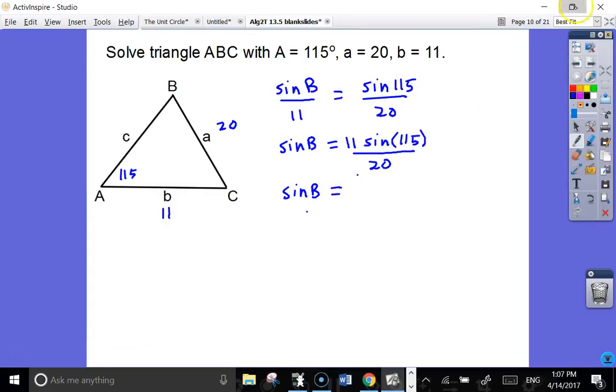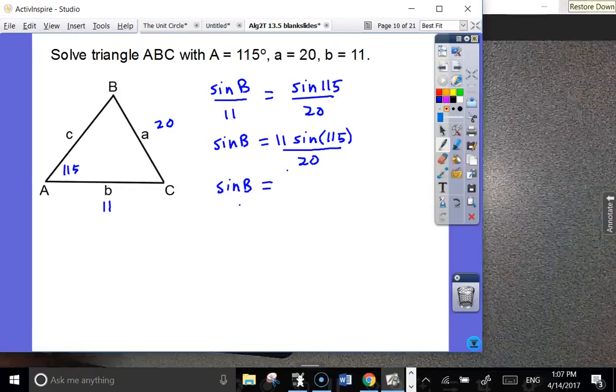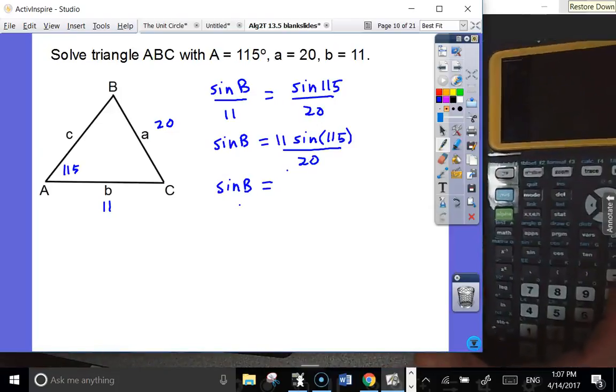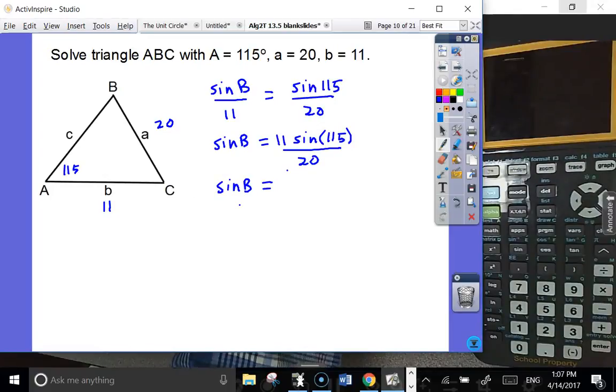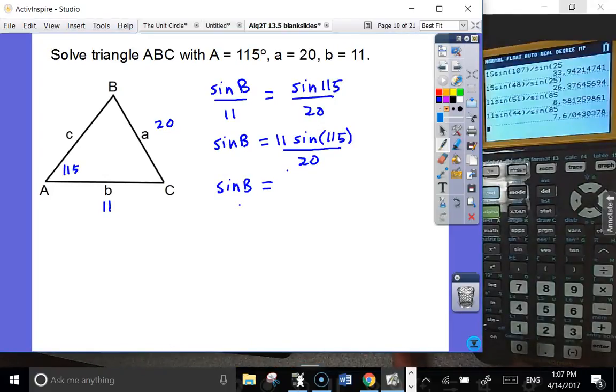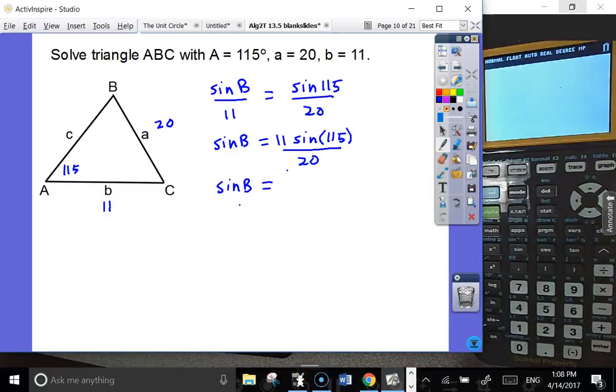Okay, let me do that. Okay, so I'm going to put this in. You might want to watch how I'm doing this because some questions came up in 1A and they actually learned something here. So 11 times the sine of 115, right, in parentheses, divided by 20.